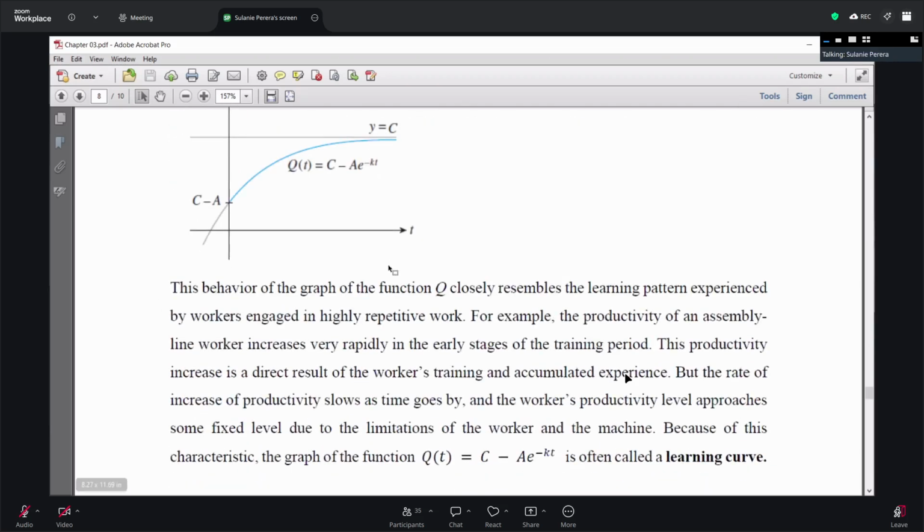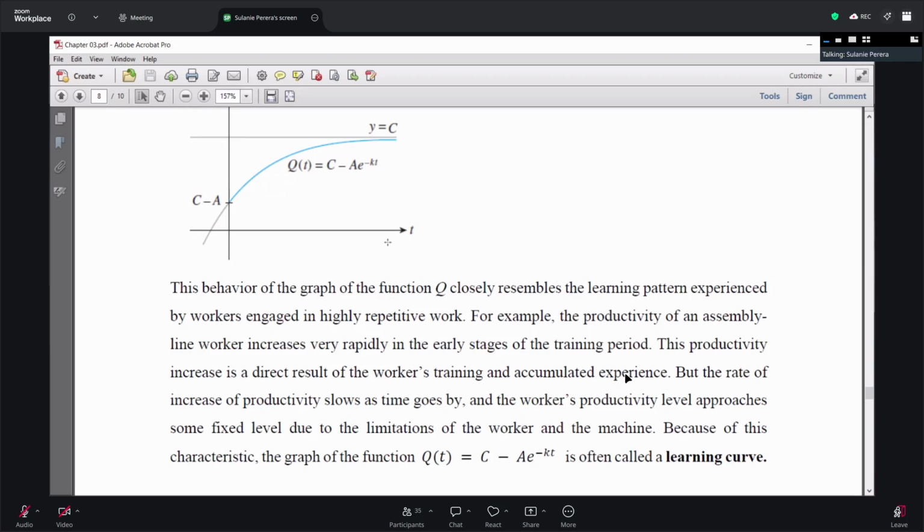The behavior of this graph resembles a learning pattern experienced by workers engaged in highly repetitive work. If you are engaged in something that repeats, this curve resembles that type of work.